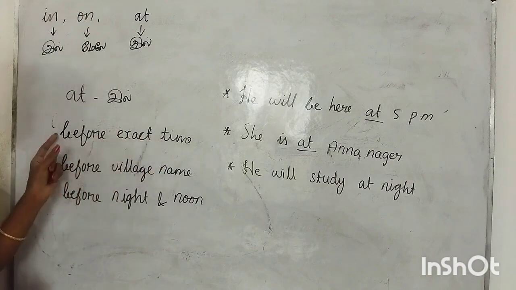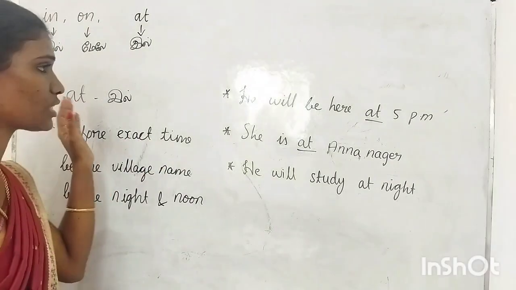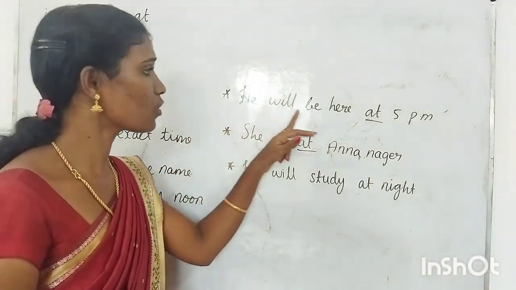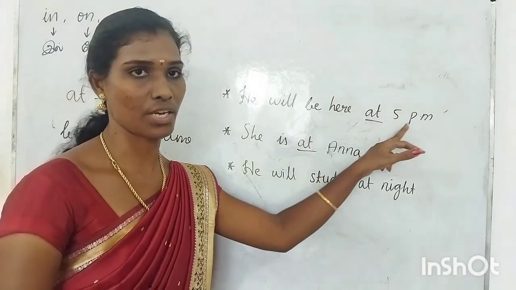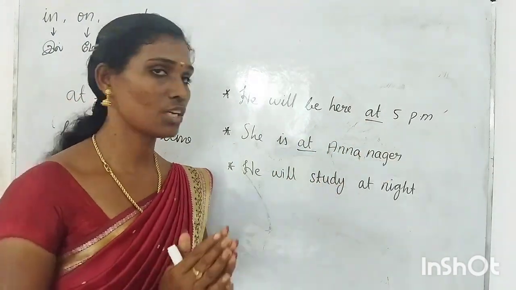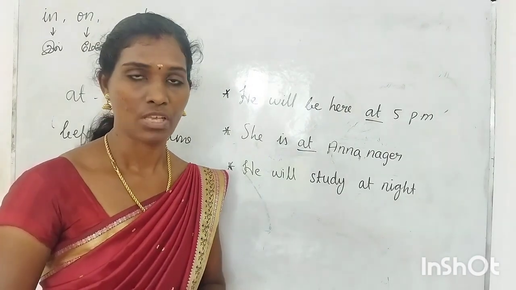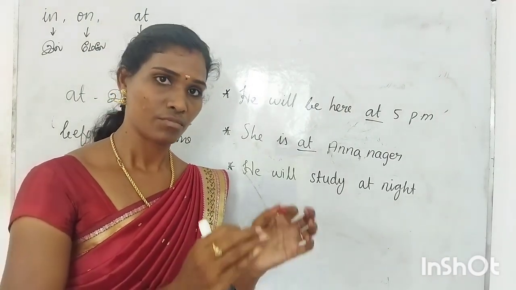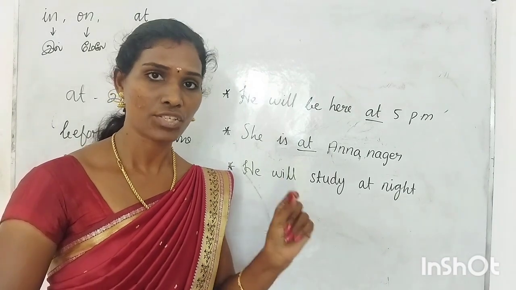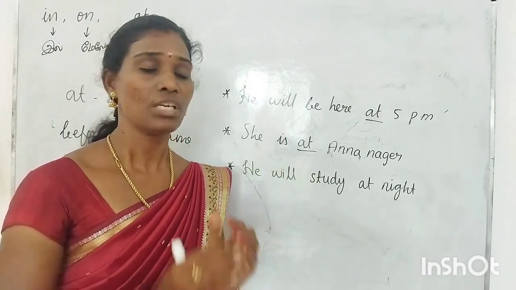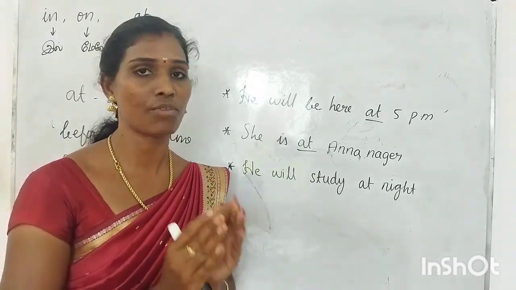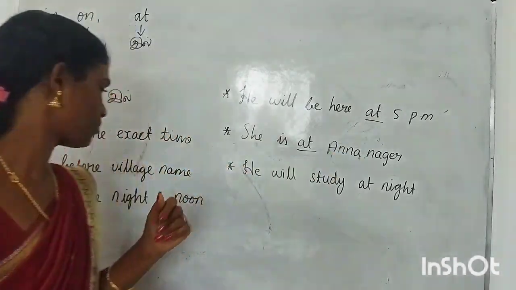When we mention the exact time, we use the preposition at. Example: he will be here at 5 p.m. He will start the meeting at 12 p.m. She will reach Delhi at 10 a.m.